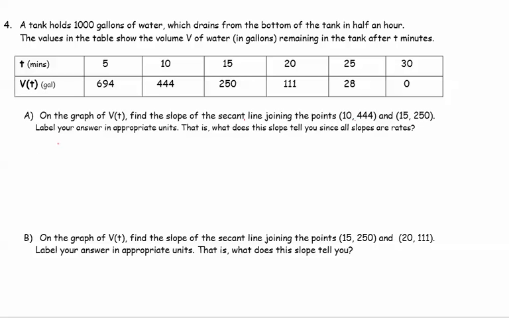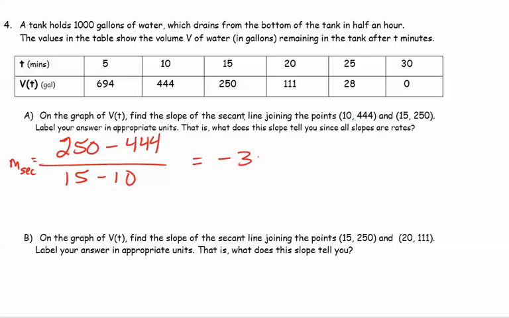The slope of the secant is simply y2 minus y1 over x2 minus x1, and that would be our slope of the secant. And I get negative 38.8, and our y units are gallons, and our x units are minutes. So we want to make sure we label these.